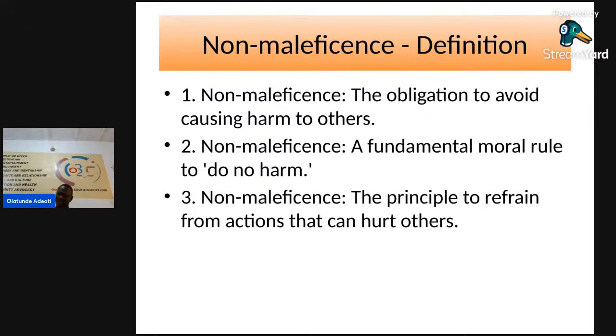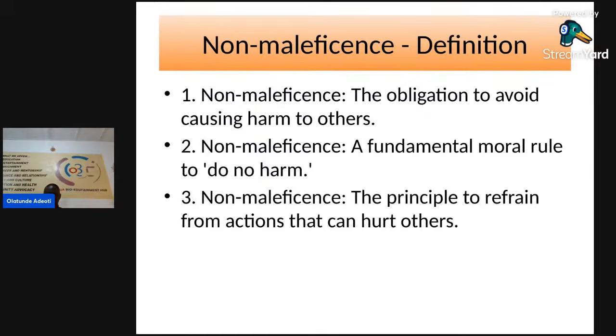Non-maleficence, I said it, is the obligation to avoid causing harm to others. It is your duty that, just because you have the money, you do not get into a house made up of medical students or serious students and disturb the peace of others.